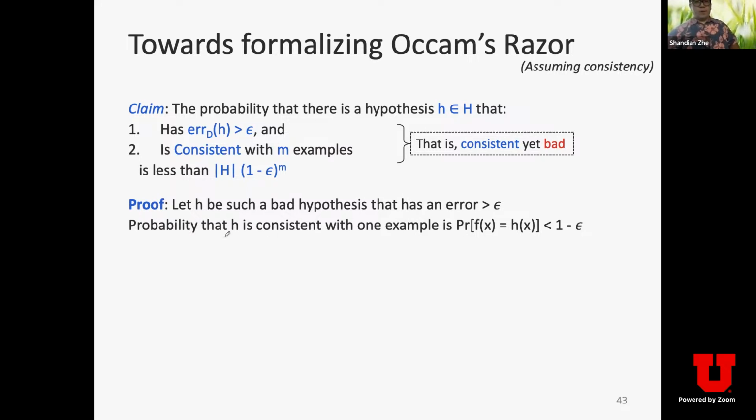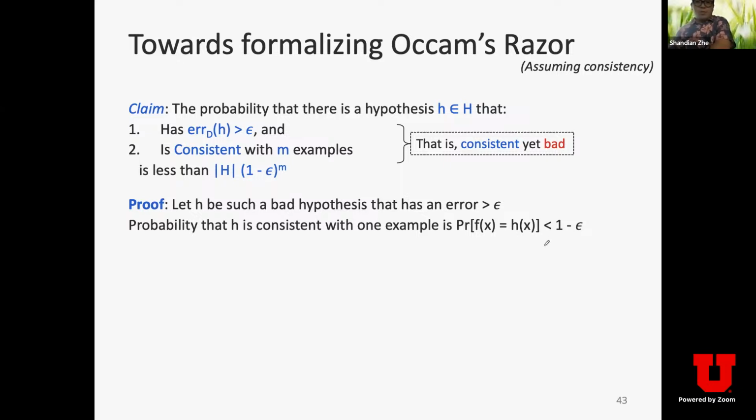Because H has true error bigger than epsilon, the probability that it makes a correct prediction for one example will be less than 1 minus epsilon, right? Does it make sense?